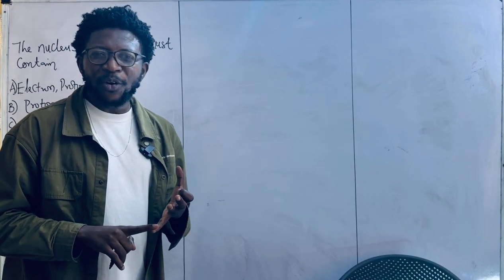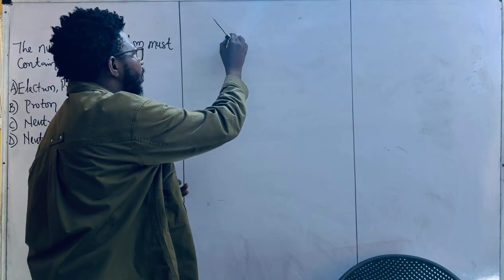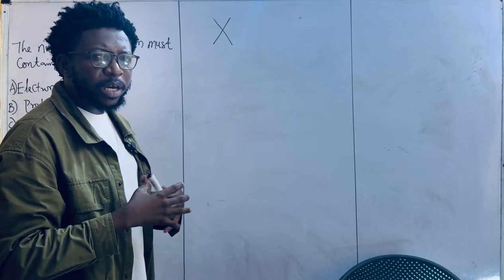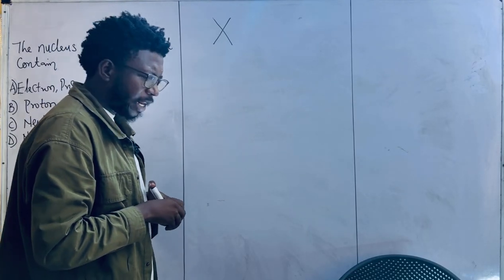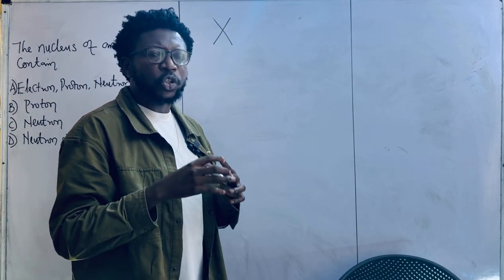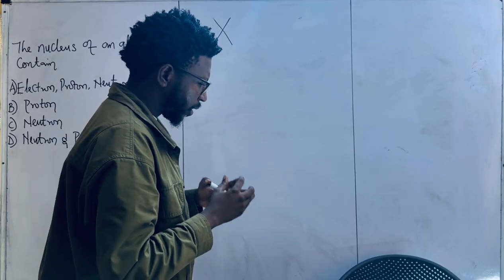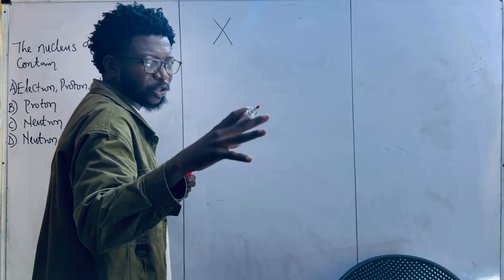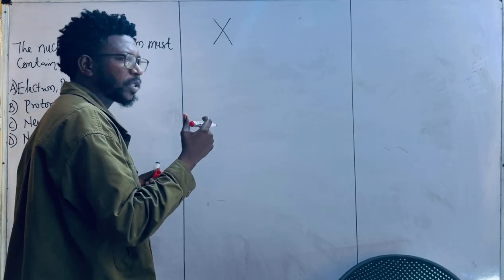The symbol of the element, let's say X. Then we have the atomic mass number of the element, which is represented as A and written as the superscript to the left of the symbol.